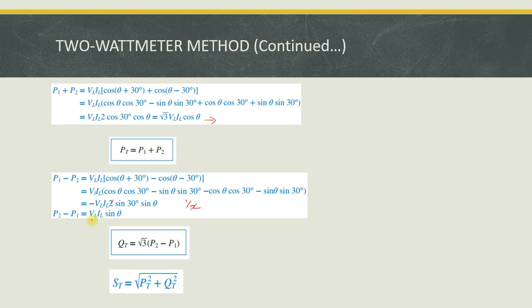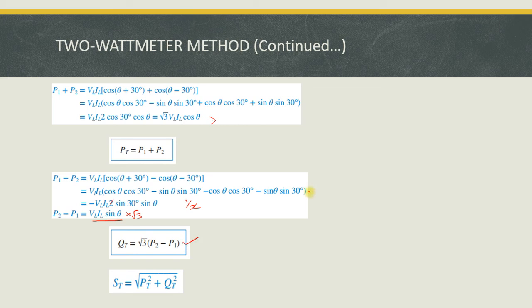If on the right-hand side I multiply this value by root 3, I get the total reactive power. So the overall reactive power is root 3 times (P2 minus P1). That is given here.